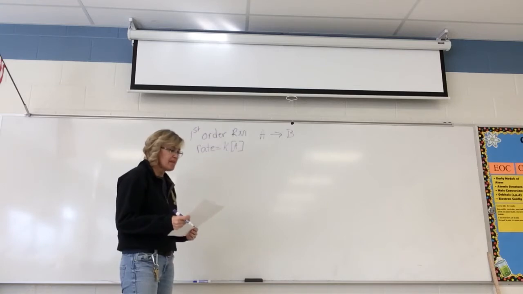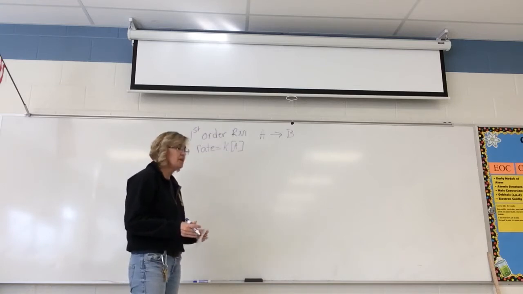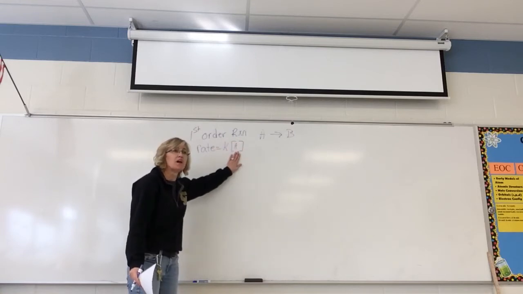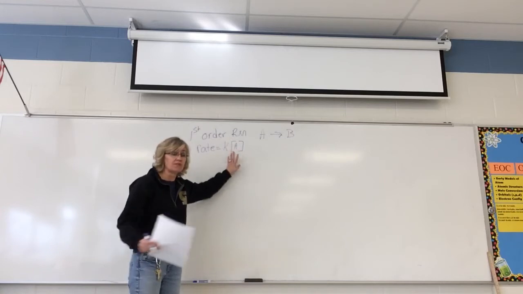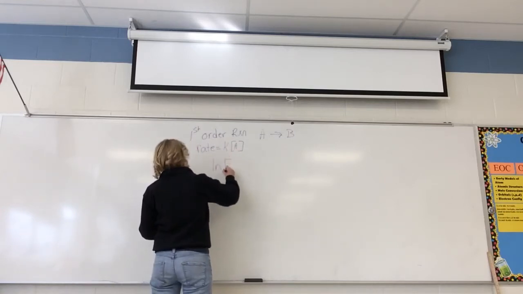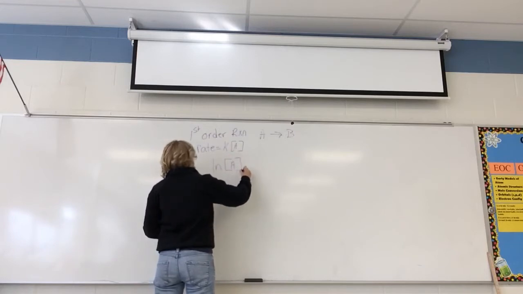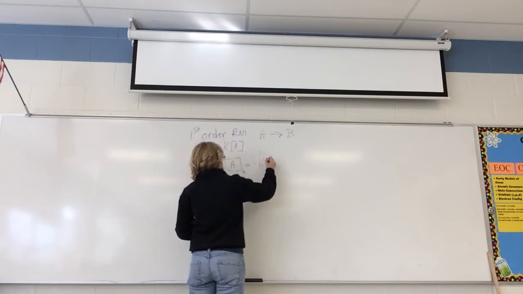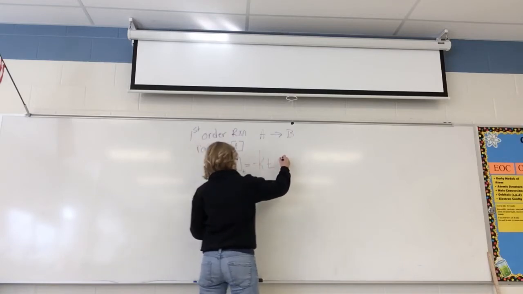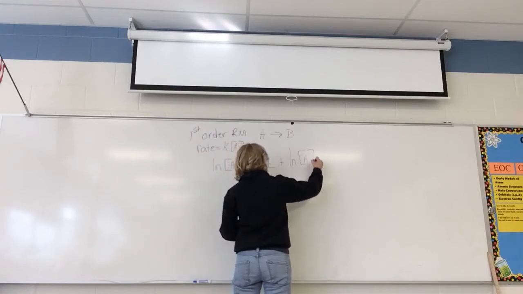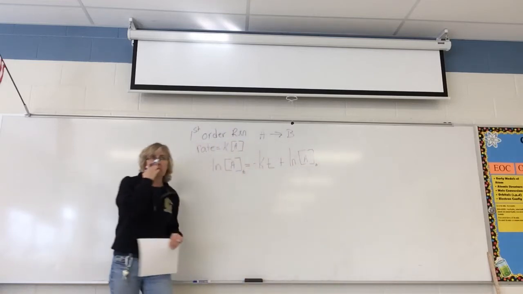Now, the equation that relates concentration to time, once it's been integrated, and this is on your reference sheet, so you don't have to memorize it, is this. The natural log of A at a certain time is equal to negative kt plus the natural log of the initial concentration of A.